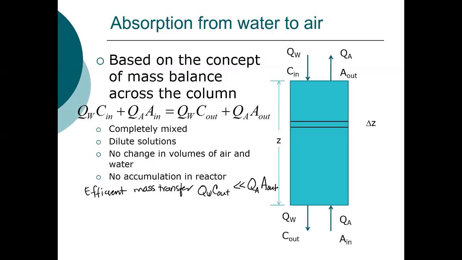We'll also assume that the mass in the air entering is equal to 0. So we'll assume that this is equal to 0, that we don't have any of the contaminant in the influent gas phase. And if that is the case, then this is small.